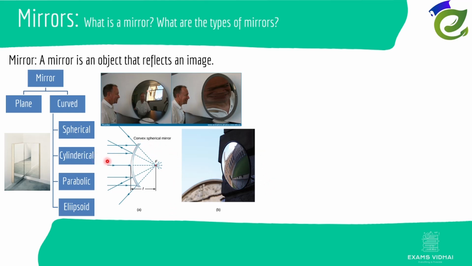Suppose a light is coming like this, it reflects back due to this curved nature and goes at some other angle. We'll look into this curving nature and why it's reflecting back that way later in the video. But for now, you may notice that the spherical mirror here has a special property of bending the image in such a manner as to get a wide field of view.